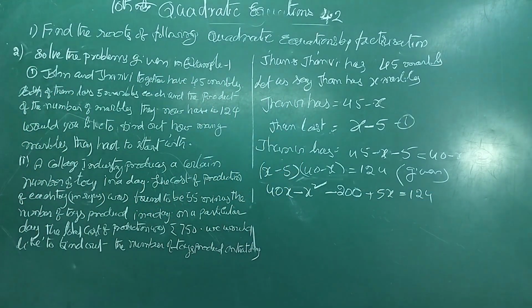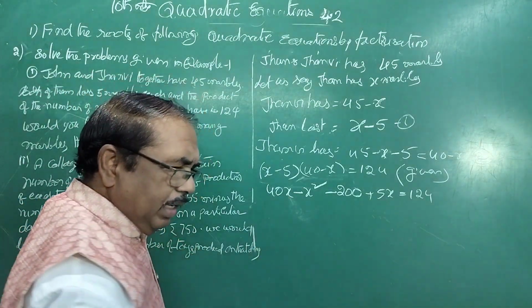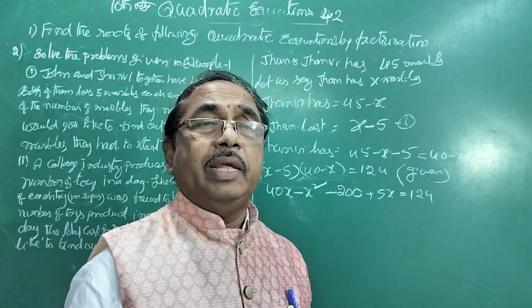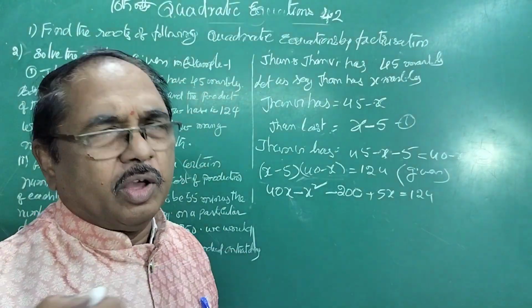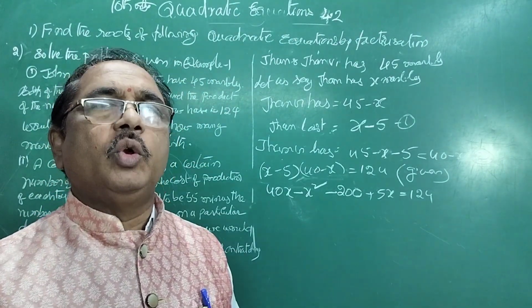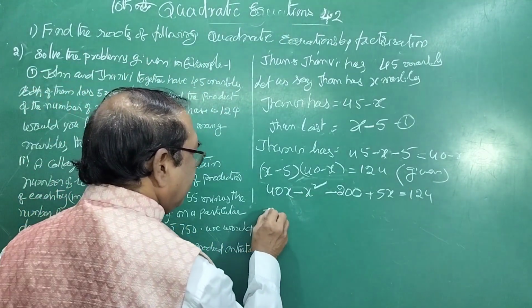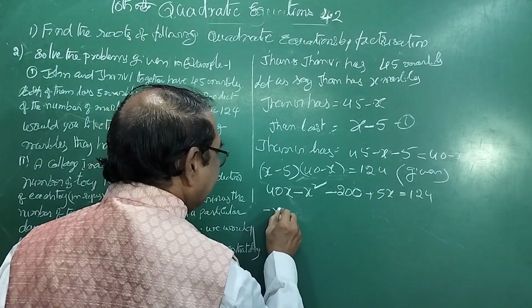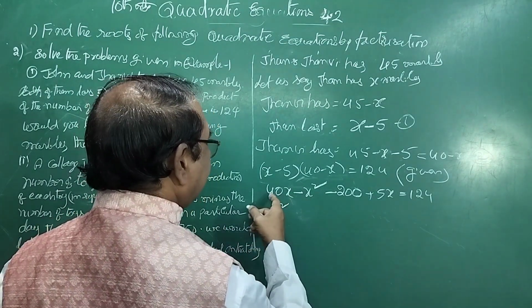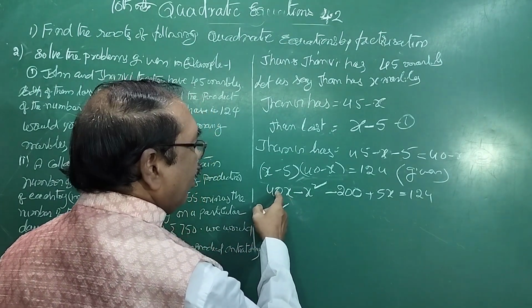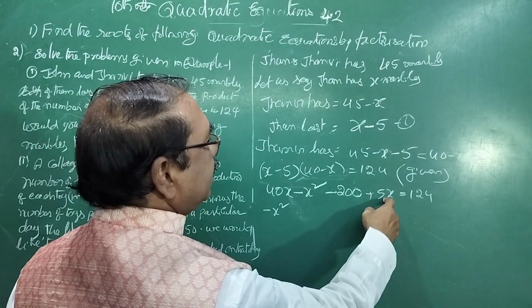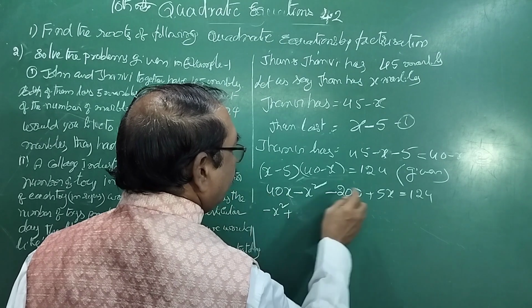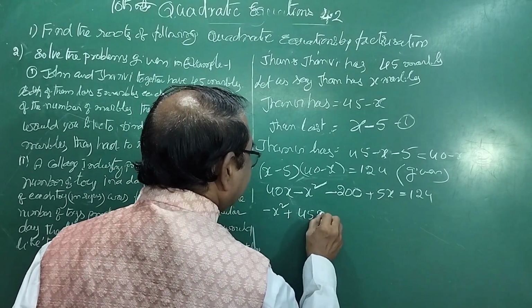Let us simplify. Generally we put x square first, then x, in the order of highest exponent to lowest. Let us write first minus x square. Next, 40x plus 5x, both are plus, is 45x.